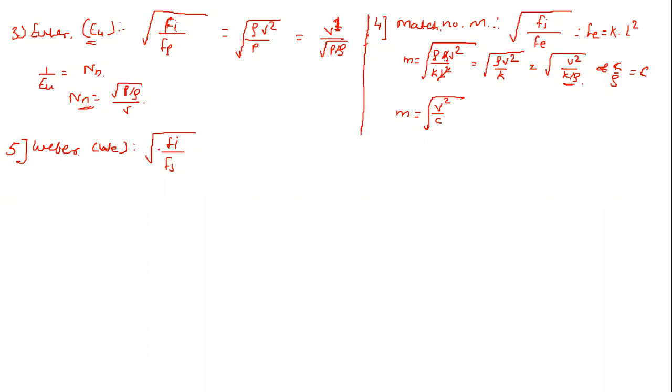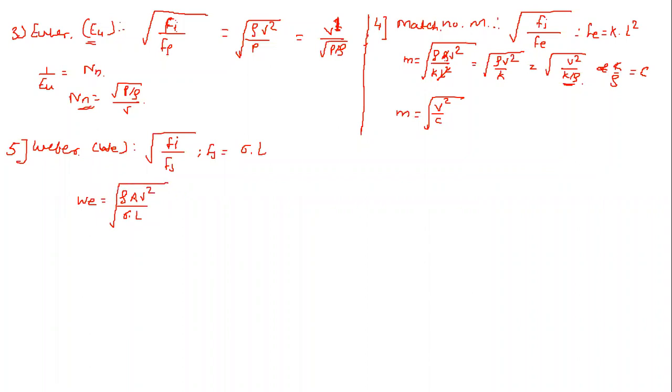Now the inertia force we know is rho A v square or rho L square v square, and the surface tension force Fs is equal to surface tension into length, that is sigma into L. So Weber number is equal to rho A v square divided by sigma L, and the whole term is in a square root.